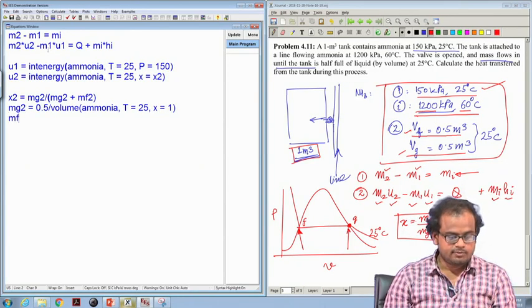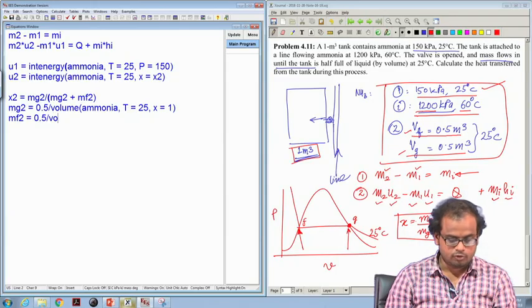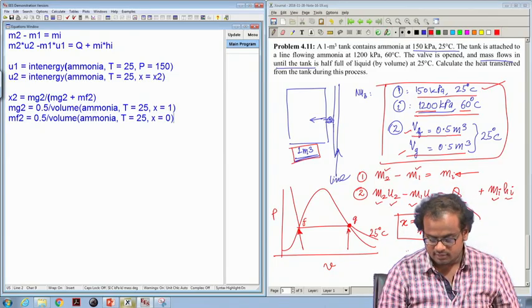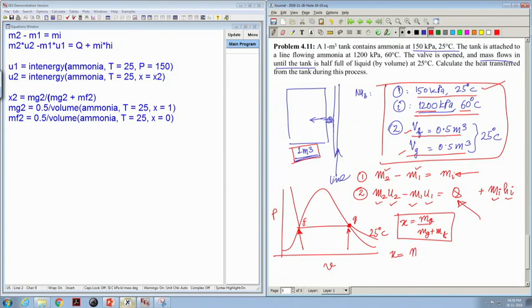Similarly, mf2 is equal to 0.5 divided by the specific volume of ammonia at T equal to 25, X equal to 0. Here I have made use simply of the fact that X equal to mg by mg plus mf, so I must know what mg is.